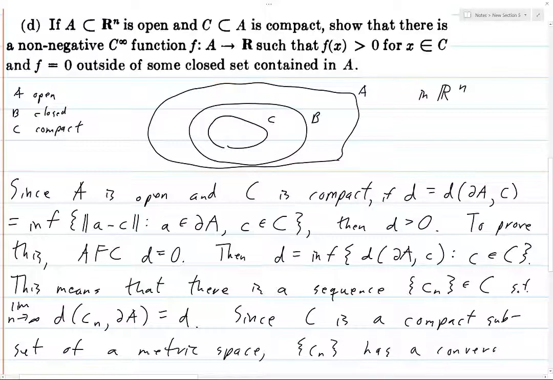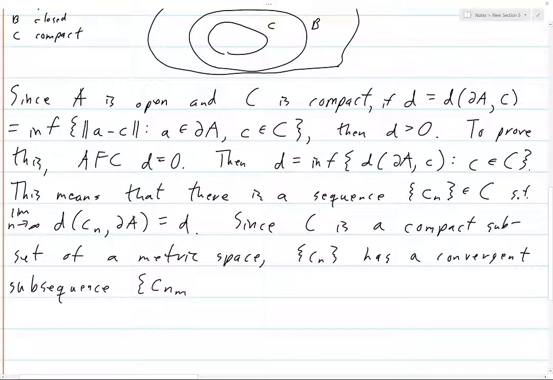And we'll call it c_{n_m}. I guess I should not be using n here, because we're using n to refer to the dimension of the space we're working in. So we should call these c_m. So this is c_m here, and it has a convergent subsequence c_{m_k}.